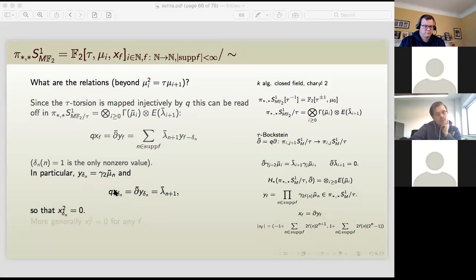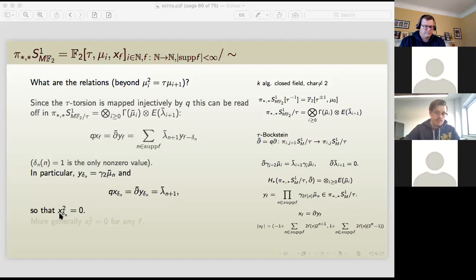If I take x delta n, then I get the suspension of psi n plus 1 when I take the q. And lambda squared is equal to 0, because after all, it's an exterior generator.